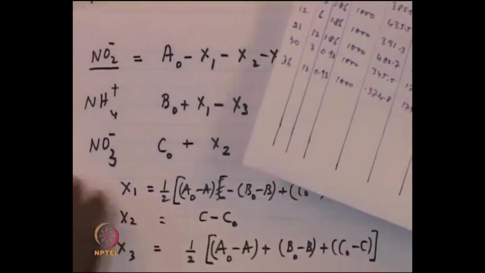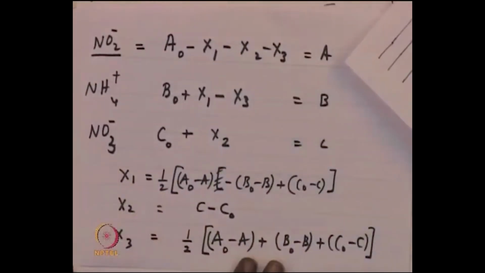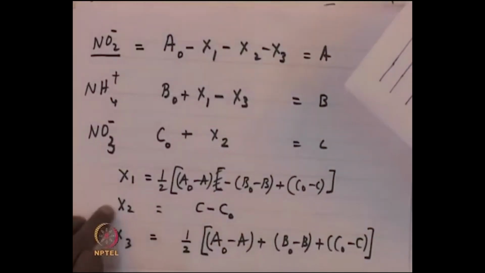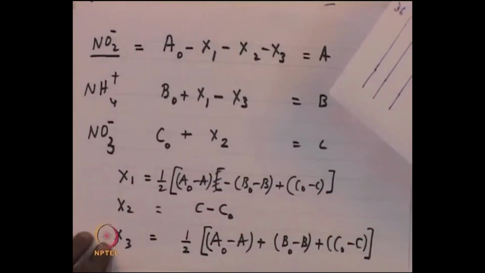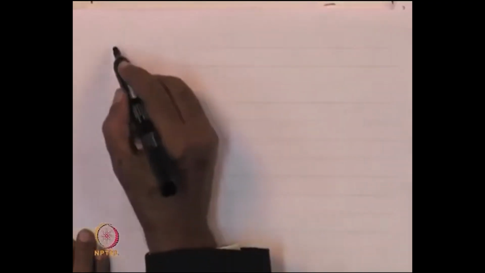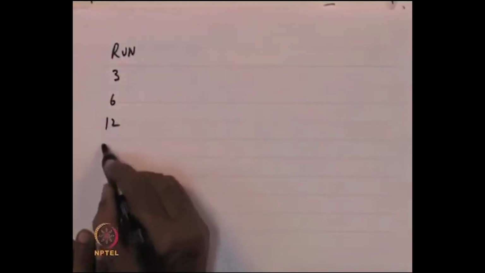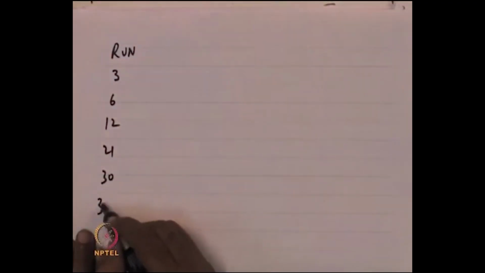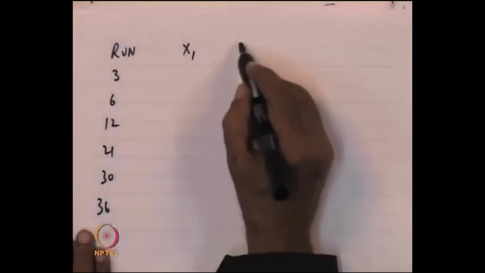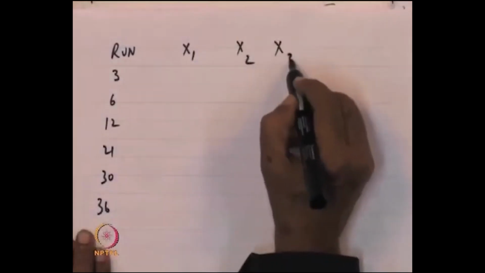What is x 1, what is x 2, what is x 3? I want to tabulate that. You have these equations with you, all of you? So, I want to make a table of the answers for these 6 data. This is run number 3, 6, 12, 21, 30 and 36, x 1, x 2, x 3.